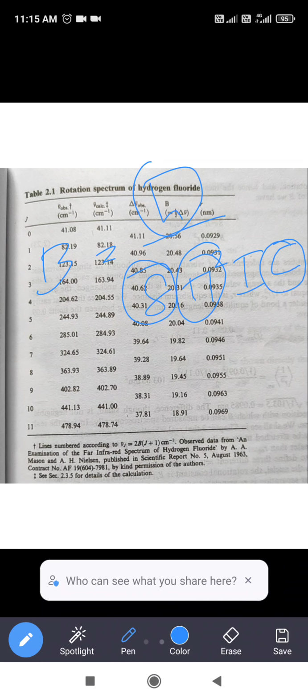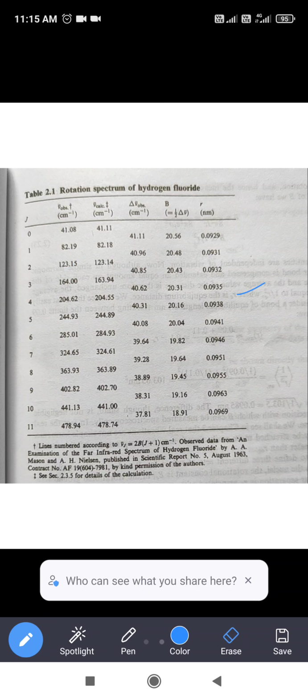Here B is inversely proportional to I. What is I? I is the moment of inertia, and I is equal to mu r square. What is mu? Mu is the reduced mass.